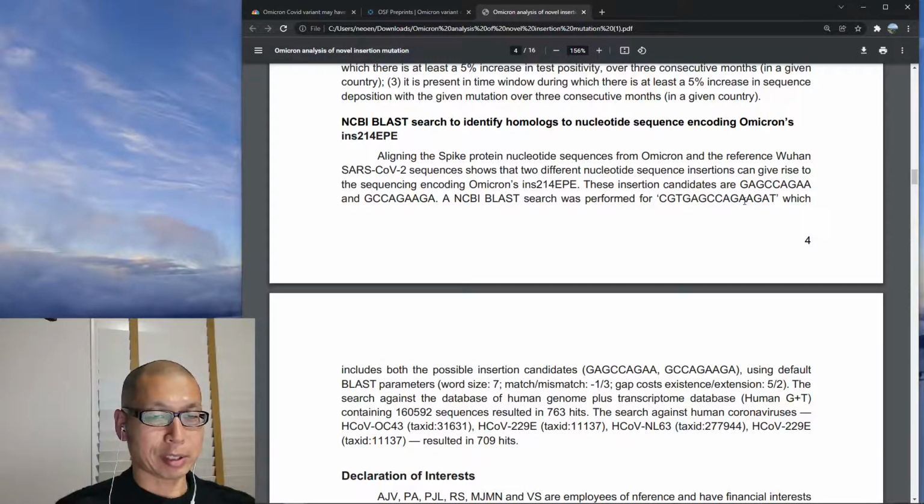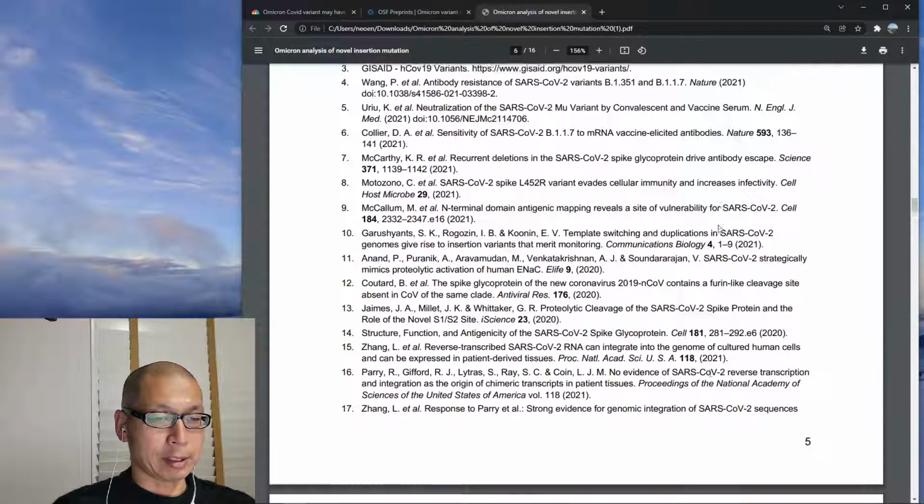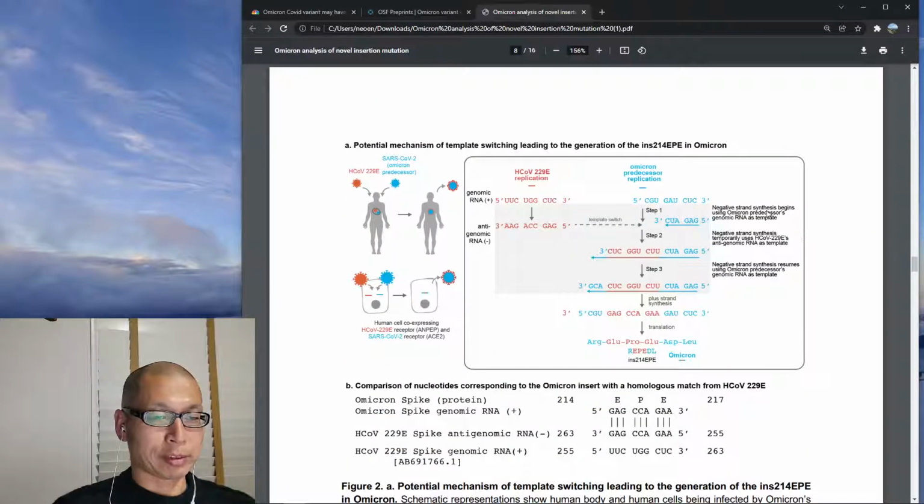So this sequence appears 763 times within the human genome. And when they searched against the coronaviruses that cause the common cold, these are the 4 coronaviruses right here, they got 709 hits.